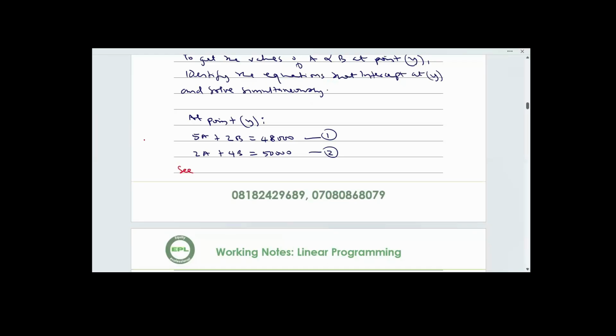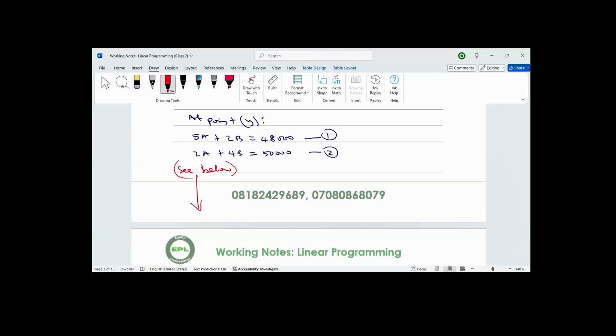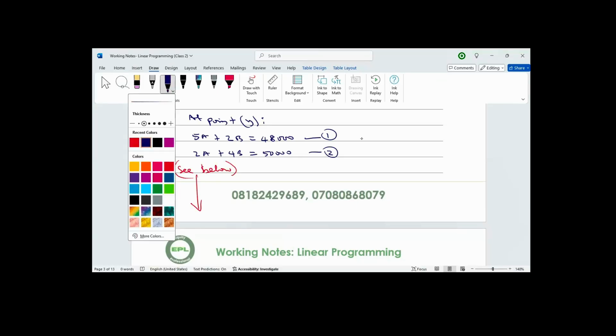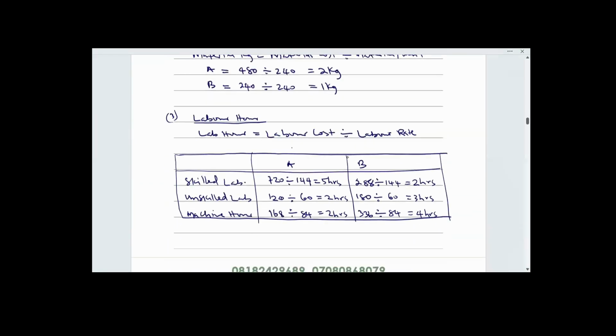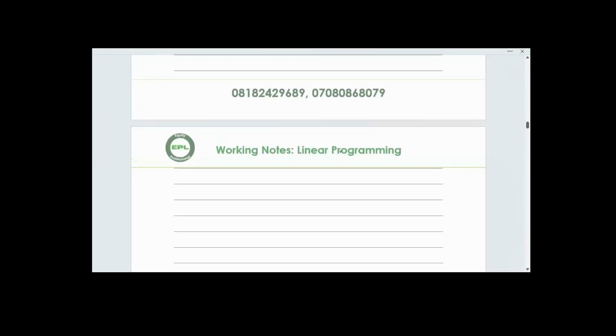So we have equation 5A plus 2B equal to 48,000, and 2A plus 4B equal to 50,000. We said this is equation 1, and this is equation 2.